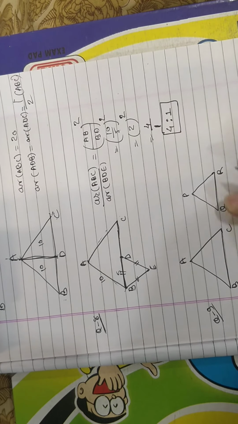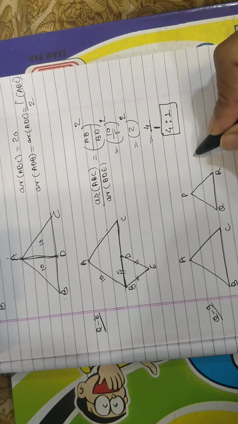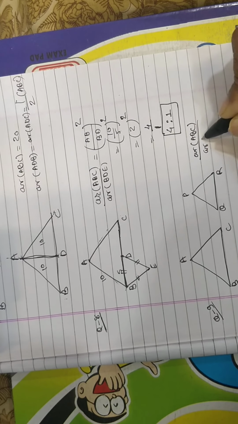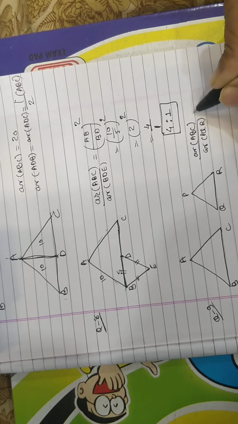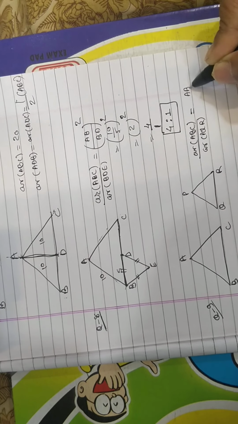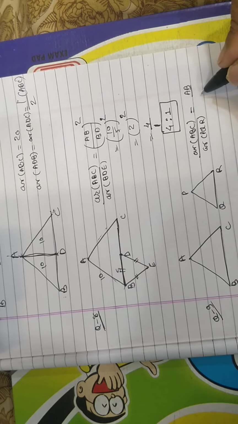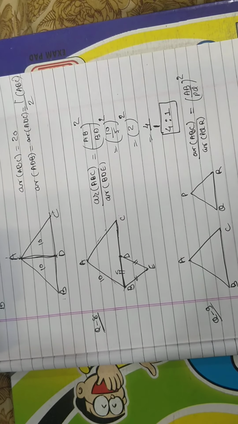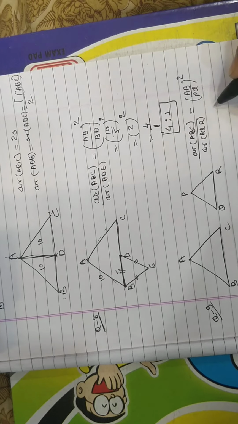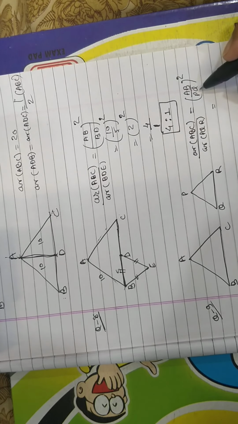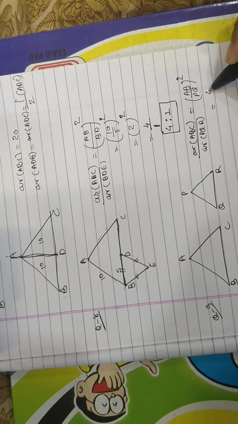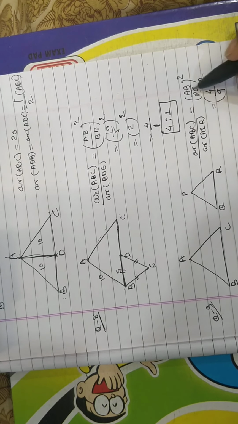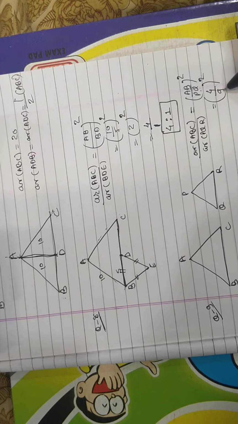I want to find out the ratio of the area of these two triangles. So area of triangle ABC upon area of triangle PQR I want to find out, and it is equal to ratio of corresponding side and then square. Area, that means square. But AB upon PQ is given in a question, that is 4/9. Corresponding side ratio is given 4:9.